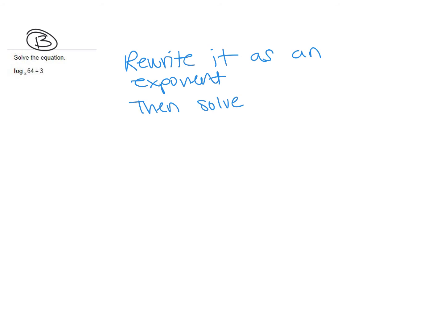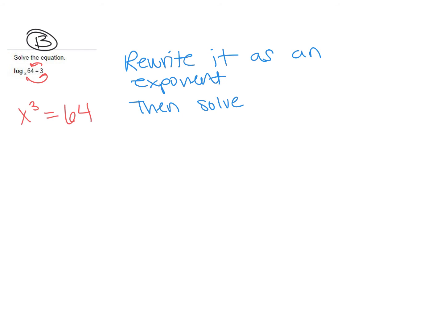So we want to rewrite it as an exponent, and then it is asking us to solve. So I would rewrite it first as an exponent, and that will help me to solve. So this would be x cubed is equal to 64. But since I'm trying to solve it, I need to go a little bit farther.